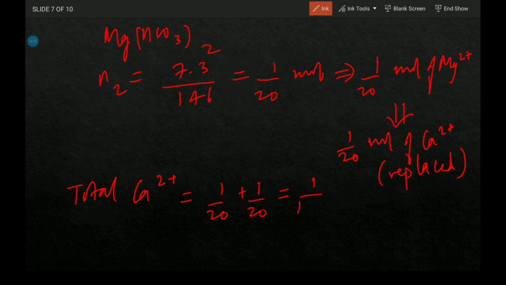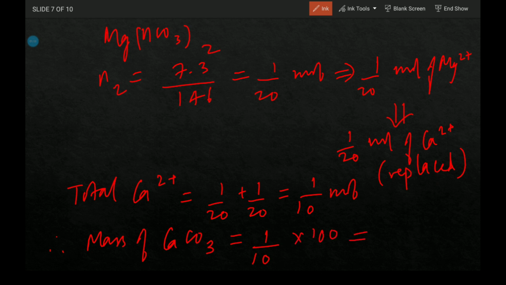This becomes 1 by 10 moles of calcium 2 plus ions. Therefore, we are following the exact same steps as we followed in the previous question. So the mass of calcium carbonate is 1 by 10, that is the number of moles, into 100, that is the molar mass. This becomes 10 gram in 1 liter of solution.